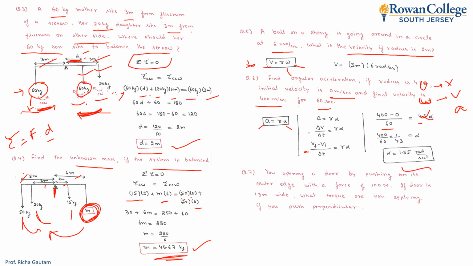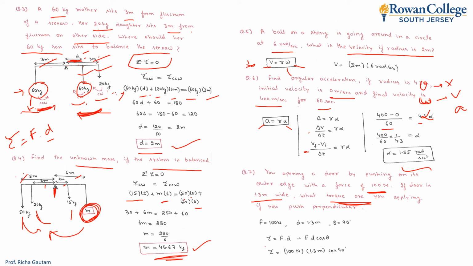Next question. You are opening a door by pushing on its outer edge with a force of 100 Newton. If the door is 1.3 meters wide, what torque are you going to apply if you push perpendicular? This is just a direct equation.